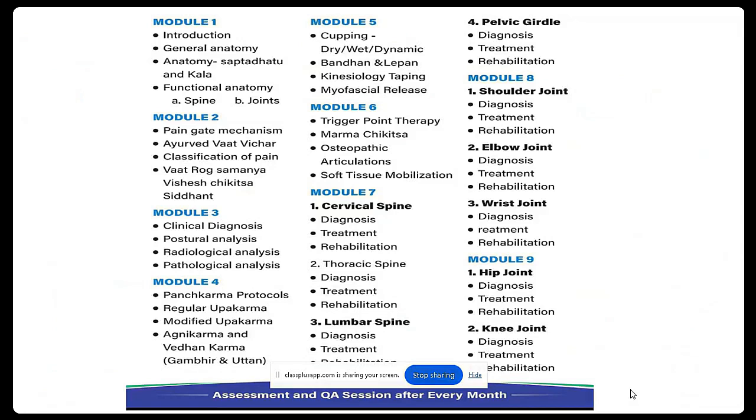From the 8th module, we are going joint by joint, the upper body joints like shoulder, elbow, and wrist joint. In module 9, we are going to see the lower body joints like hip, knee, and ankle joint.